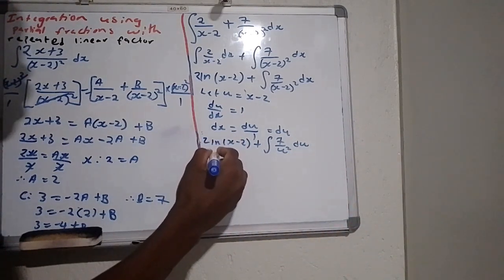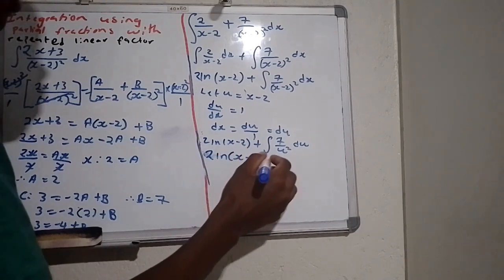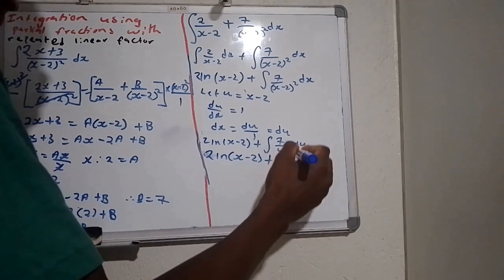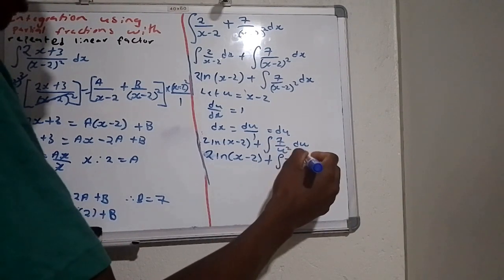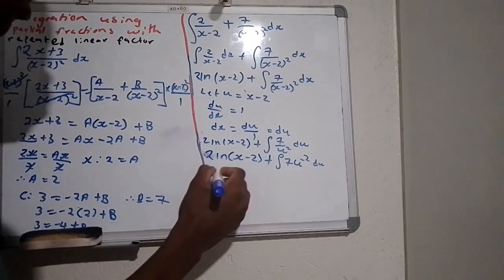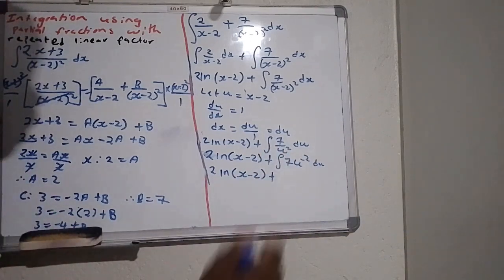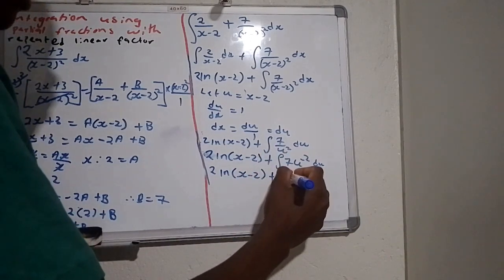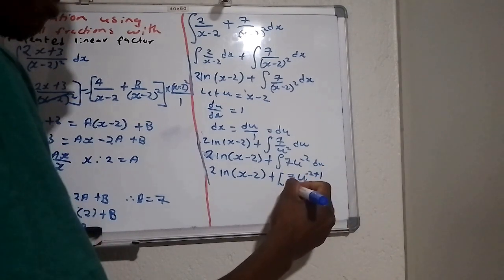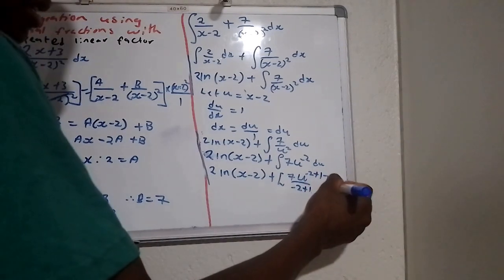Now I'll have 2 ln of x minus 2 plus this. I'll rewrite it and have 7 u to the power minus 2 du. Then 2 ln of x minus 2 plus, when I integrate this, I'll have 7 u to the power minus 2 plus 1 over minus 2 plus 1, plus c.